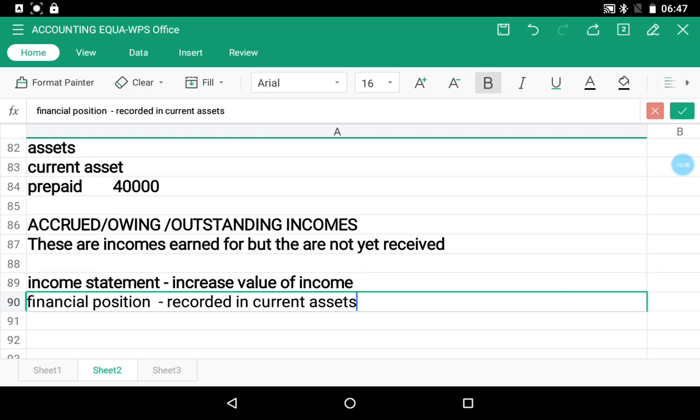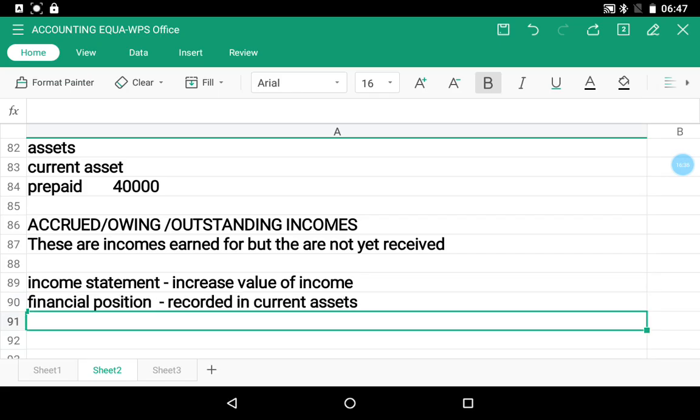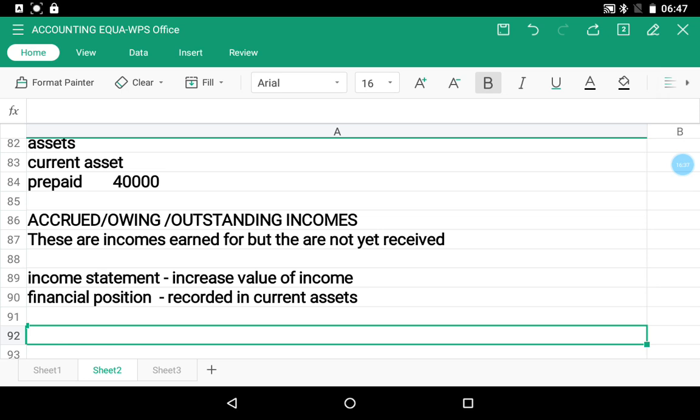Of course, we said under current assets, we record those things that you expect to receive money from anytime. And when we see accrued income, those are incomes that you have worked or earned for, but they are not yet received. So anytime you are expecting to receive money, that's what is recorded under current assets.